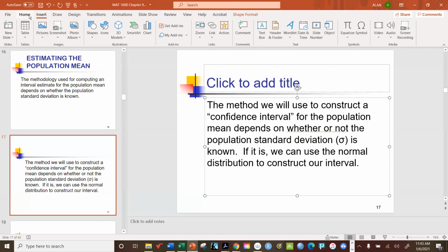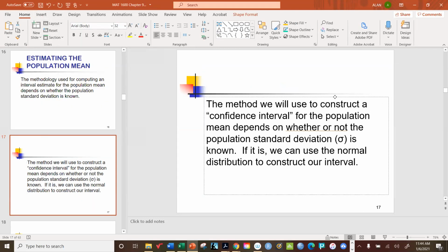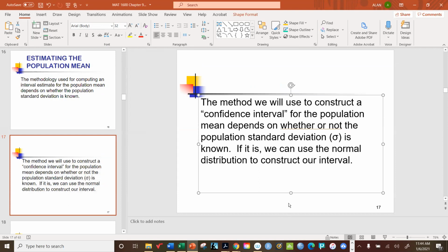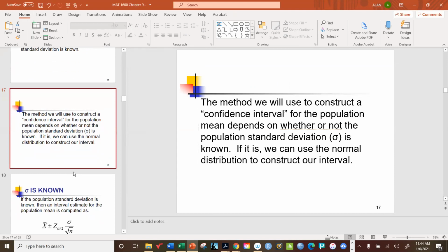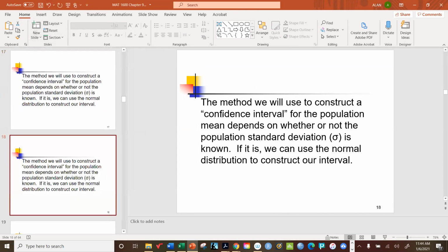But what if it isn't? Which, by the way, is the most common case. Most of the time, we do not know the population standard deviation. What happens then? All right, let me copy this slide so we can deal with that right now.